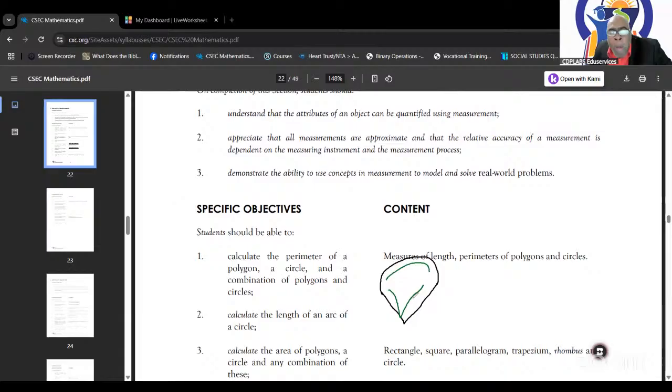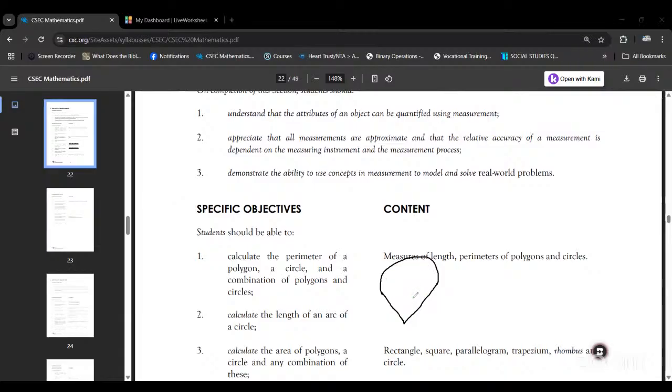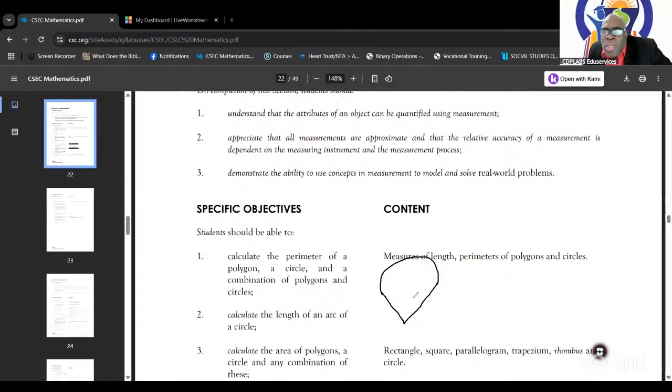What do you think the name of that curve would be?